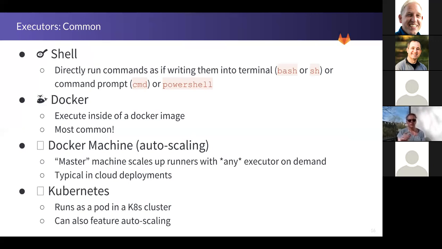So it's sometimes confusing, but I might be using Docker Machine as a user to have a Docker environment, but I would still be using a runner with the Docker executor, and only the Docker Machine executor when I want the auto-scaling, right? Correct, correct. The Docker Machine executor basically auto-scales up additional machines, which then have their own executor, right? So it gets a little complex.